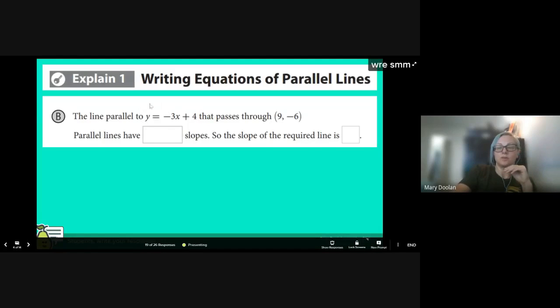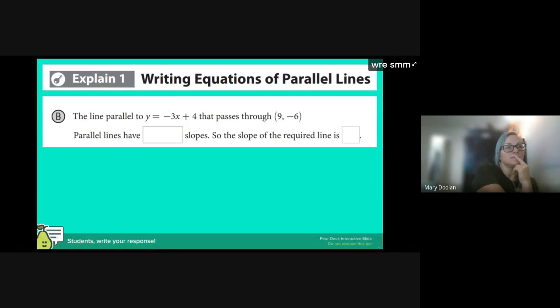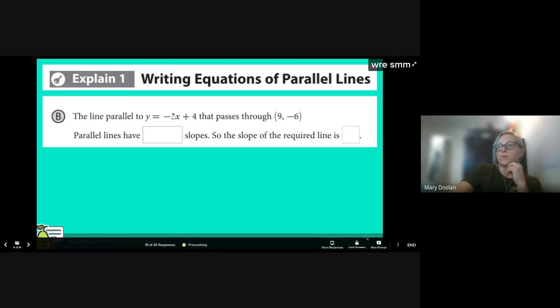What's the slope of this equation? What's right here in front of the x? So don't forget about the negative. The slope is going to be -3.